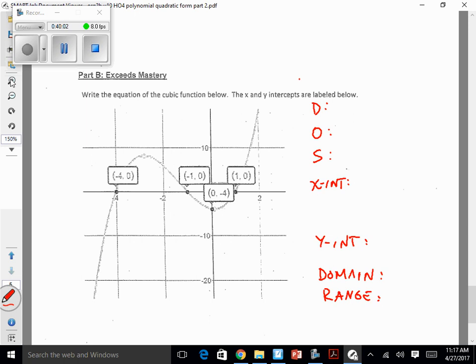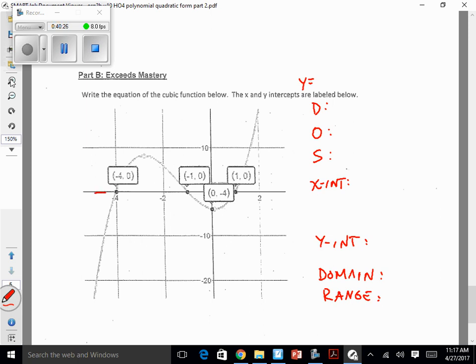With the highlighter, please highlight the x-axis with one color because that's going to get you your x-intercepts.